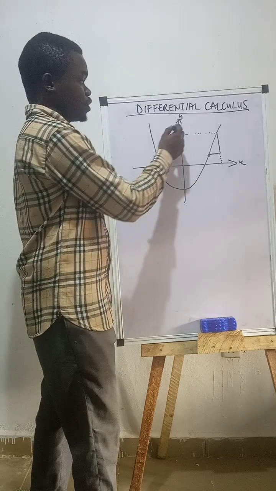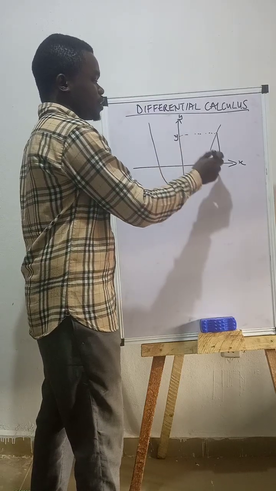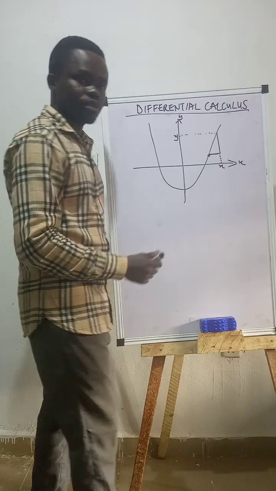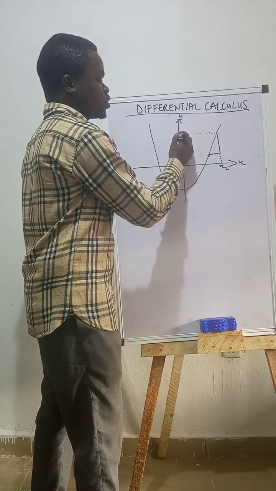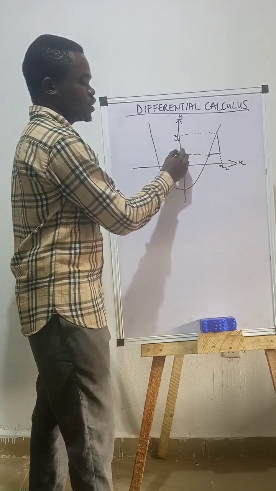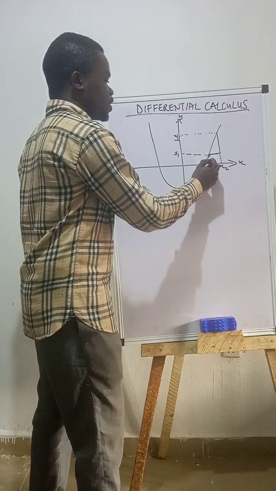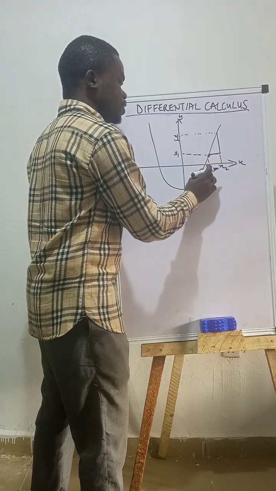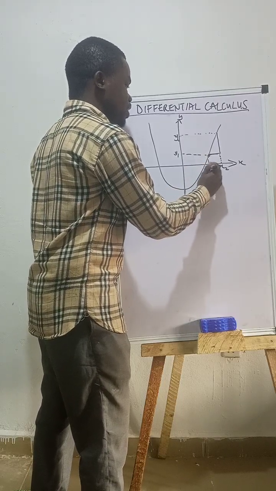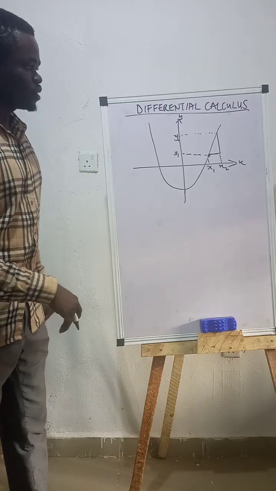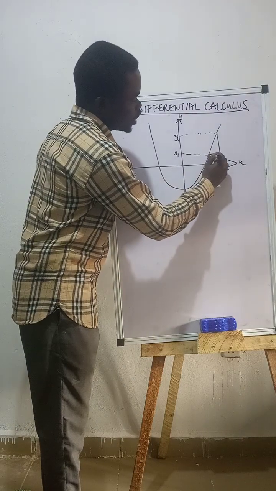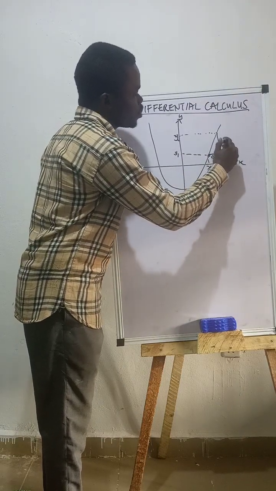Sorry, that's the y-axis and then the x-axis. That's x2, this will be y2, then this is y1, and this is x1. So this is now change in x, and this is change in y.